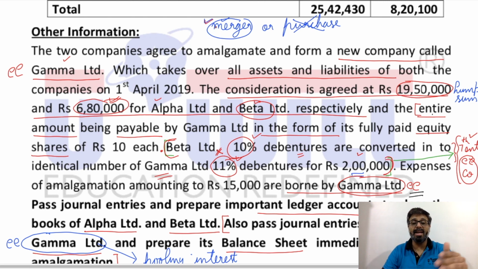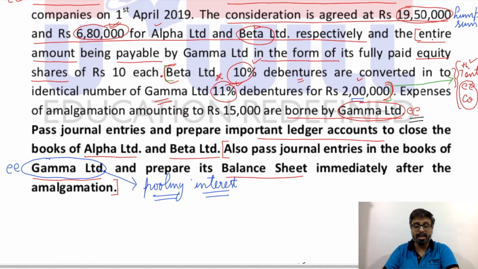Further, since we are passing the entries in the books of the transferee company, we studied in the past lectures that if it is amalgamation in the nature of merger, then we have to apply the pooling of interest method. So by which method of accounting are we going to pass the journal entries in this question? Pooling of interest method of accounting.